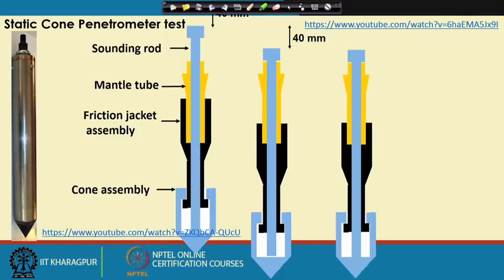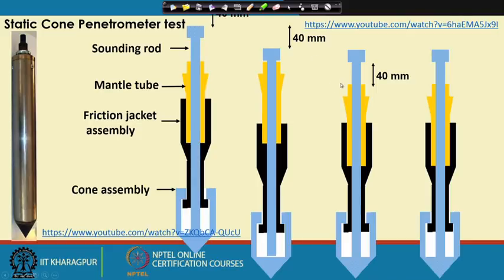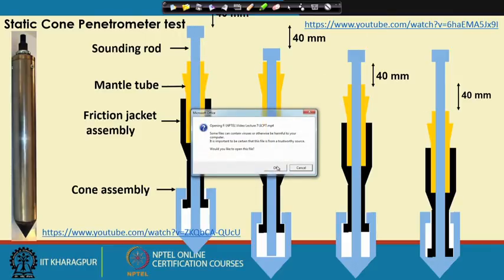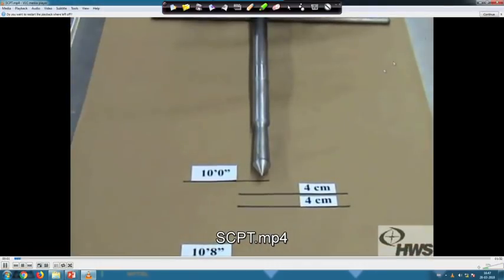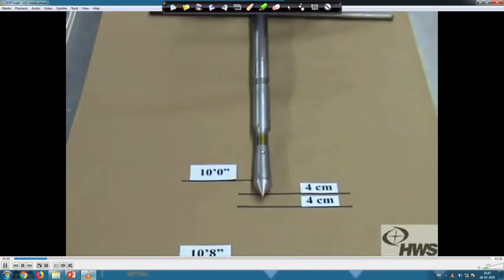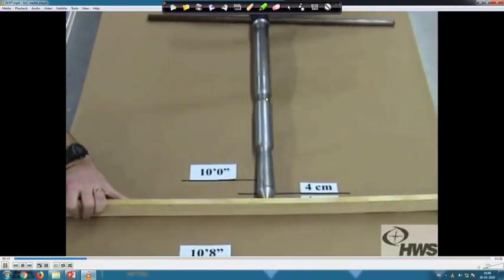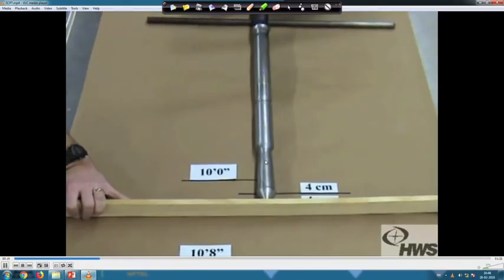In the next part, we push the mantle tube by 40 millimeters, and in the fourth stage we push the mantle tube and the friction jacket assembly a further 40 millimeters, so that we bring it back to the original condition. I can show you a YouTube video, and the link is already displayed on the screen. Here is the first stage where it is pushed by 40, then the total system is pushed a further 40, and then the total system is taken back to its original position.